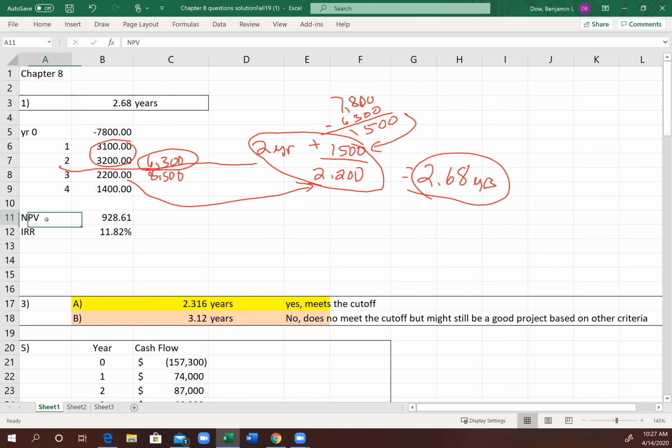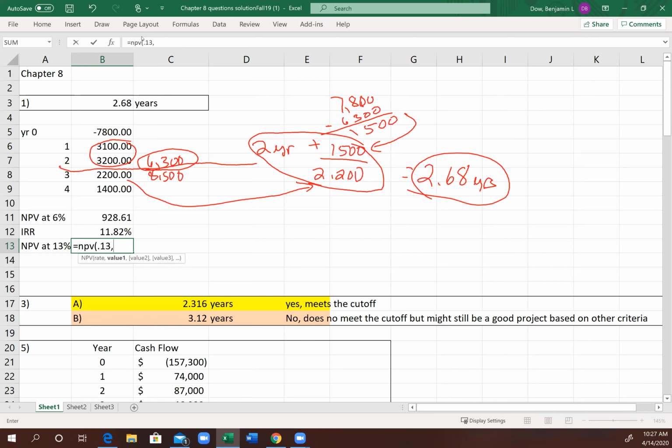And the net present value at 6% would be 928.61. Because we know the IRR is 11.82, the net present value at 13% would be negative.